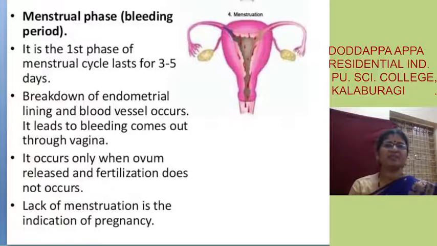The menstrual phase is the first phase in the menstrual cycle, which will last for 3 to 5 days, fine. Usually a healthy female must have a regular menstrual cycle, which is a healthy sign. Breakdown of the endometrium lining and the blood vessels will occur, which will lead to bleeding, fine.